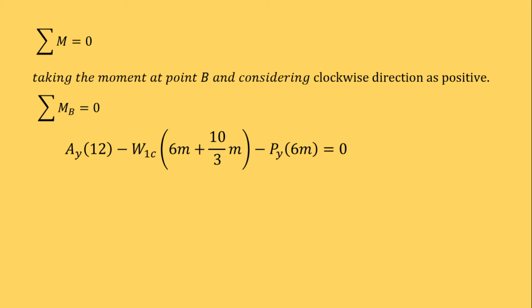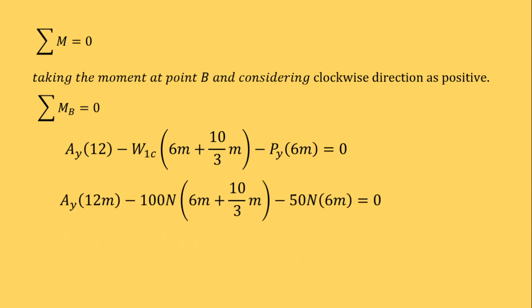Also, we have PY times 6 meters, and by adding them, that should be 0. So, AY times 12 meters minus 100 Newton times the 6 meter plus 10 over 3 meters minus yung 50 Newton natin na vertical component of P, then we have 6 meters is equal to 0.